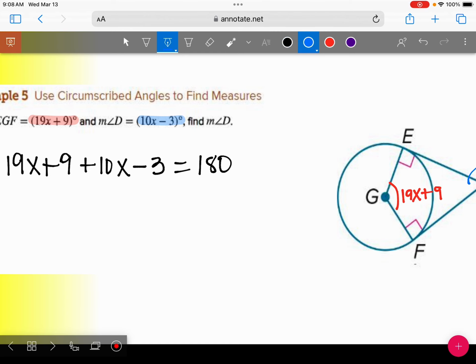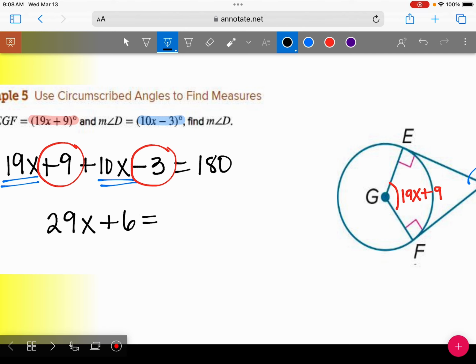We're going to combine our like terms, and that's going to give us 29x. And then 9 minus 3 is positive 6. And then what are we going to do? Take away 6.